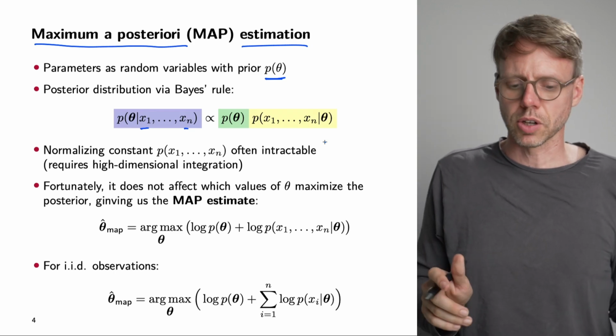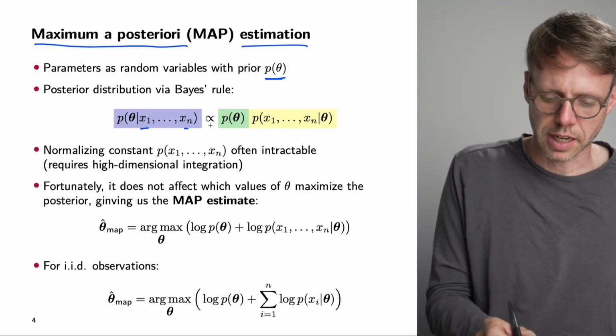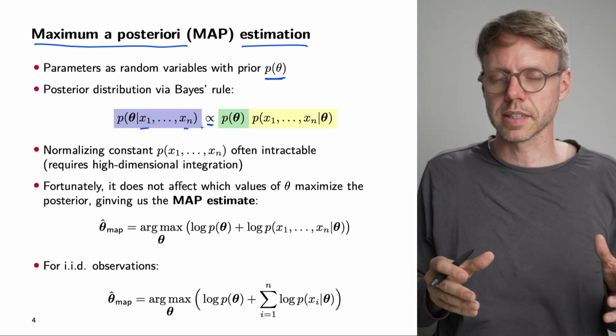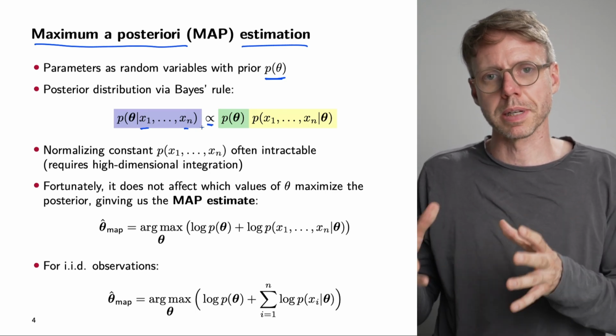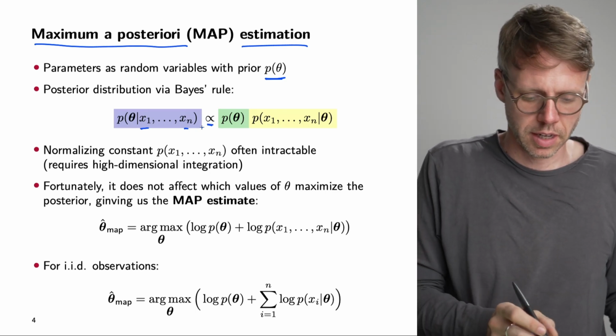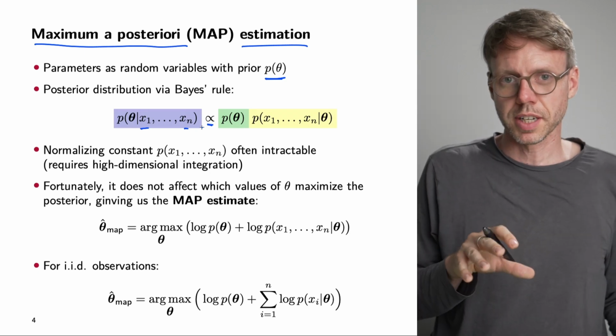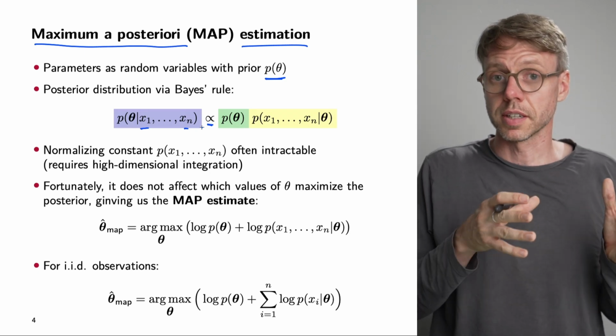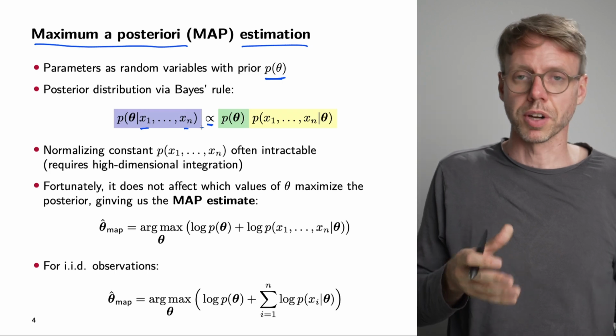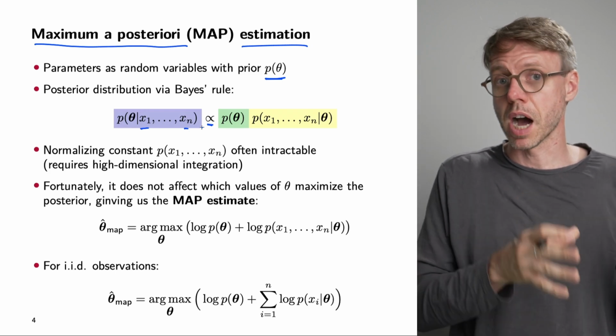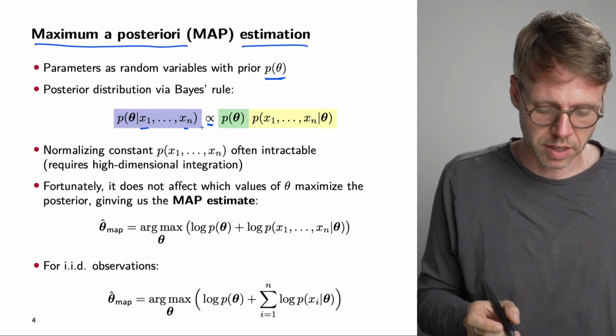Now the normalizing constant we left out. Instead we wrote proportional, which means that they're equal up to a multiplicative constant. And this multiplicative constant is this normalizing constant that we talked about just before, the probability of the data, the marginal probability of the data.